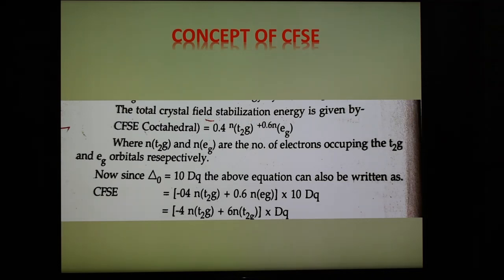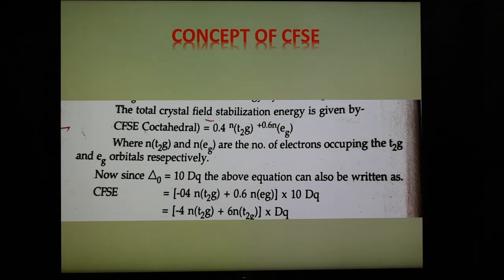The energy gap between these two sets is equal to delta O or 10 Dq. The energy of the T2G set is lowered by 0.4 delta O or 4 Dq, while that of the EG set is raised by 0.6 delta O or 6 Dq as compared to the hypothetical degenerate d orbital.